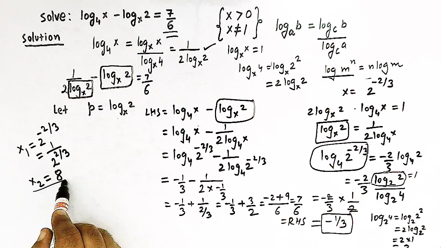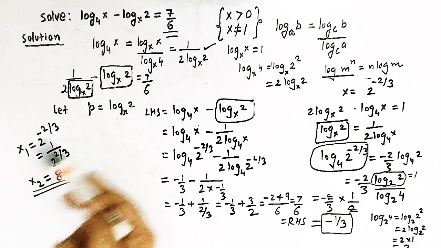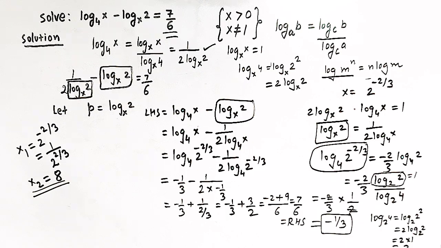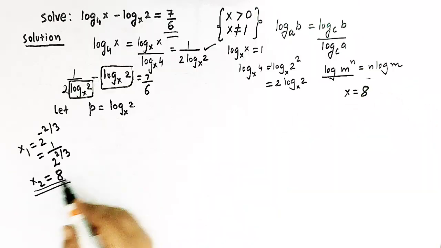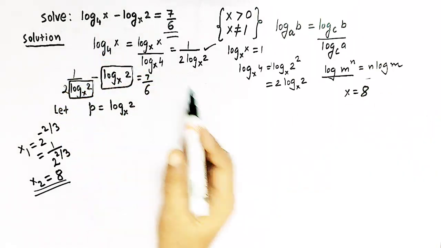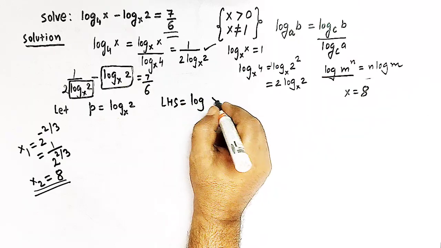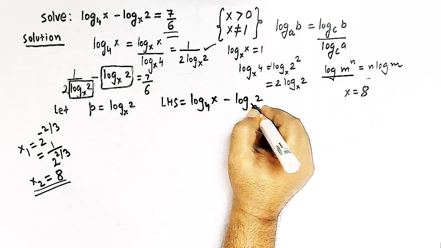So now let us verify this value of x, that is the second solution, that is x2 is equal to 8. So now let us take x is equal to 8 in the left hand side. So we have the left hand side log x to the base 4 minus log 2 to the base x.